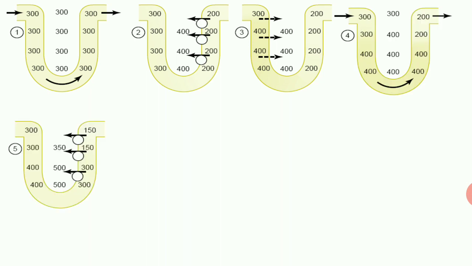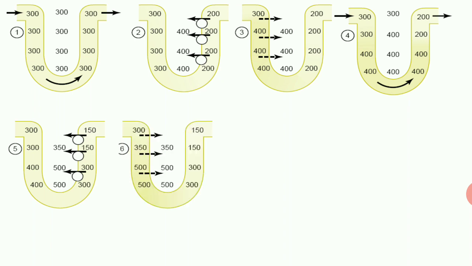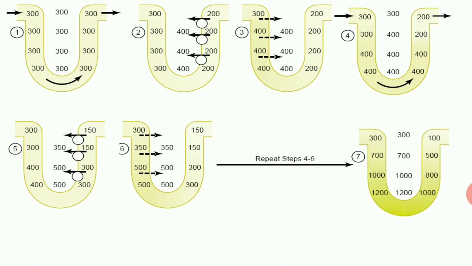In the repetitive cycle, you are seeing that progressively the osmolarity of tubular fluid is increasing near the tip. 300 milliosmol is regularly coming from the PCT, and this is again becoming concentrated. So in repeated cycles you'll see that at the tip of the loop of Henle, osmolarity can increase up to 1200 milliosmol per liter.